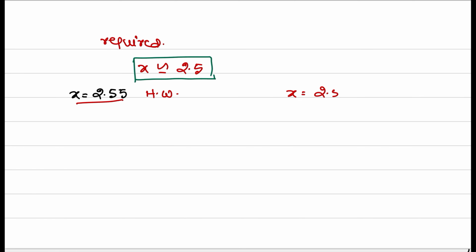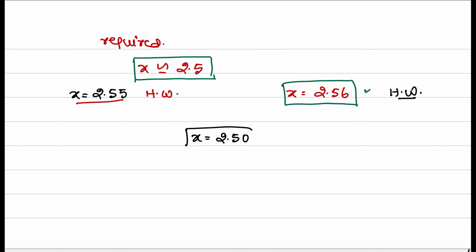Exact value is 2.56 for 2 digits. You can go for 2.55, then you can even approximate it for 2.56. That you treat it as a homework, and I am here to clear the concepts to you to find the value. For 1 digit approximation, it is x is equal to 2.50. This is the answer when you take precision to 1 digit.